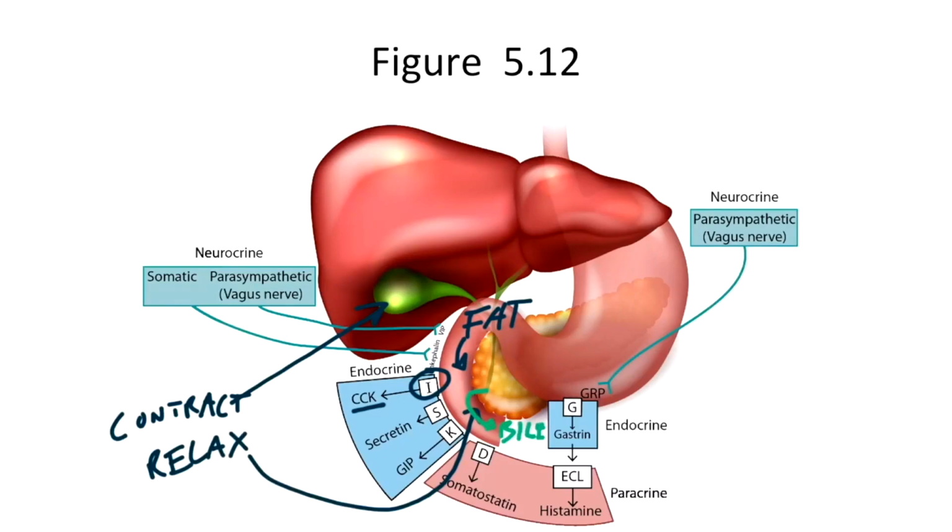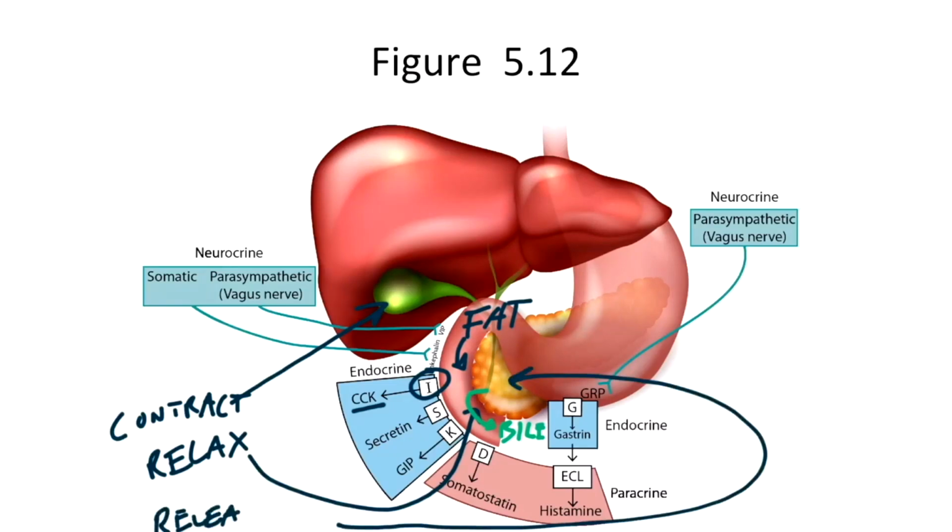CCK will also stimulate the pancreas to release pancreatic enzymes, such as lipase. And as stated before, CCK will also decrease gastric emptying, which helps the individual feel fuller after eating. You can also remember this function by thinking the enzymes need enough time to digest the fats in the lumen, so CCK will slow down new entry of chyme from the stomach to the duodenum.